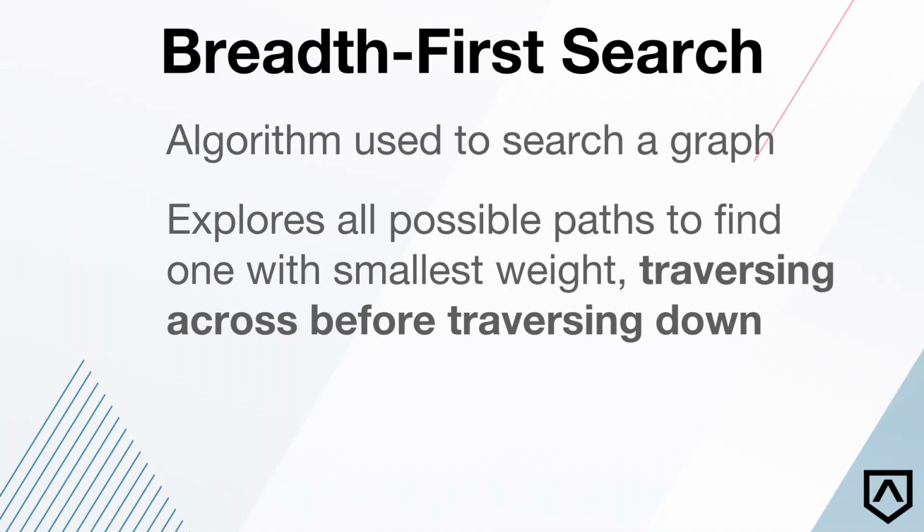You can think about it as searching across before searching down. So in breadth first search, we explore all the nodes on the same level of the graph before moving down to deeper levels that are further away from the root.